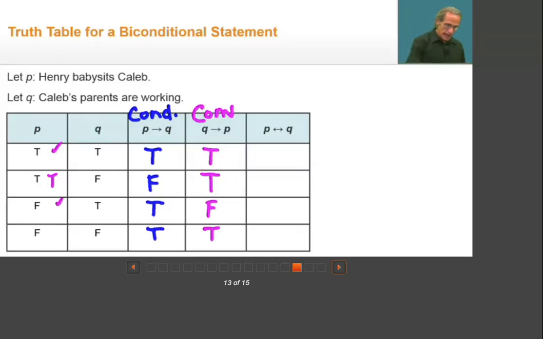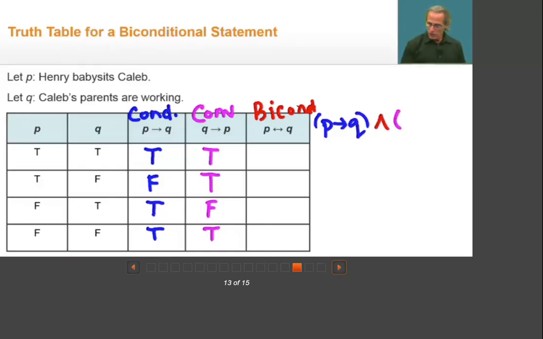All right, now it's time to turn our attention to the biconditional. When we take a look at the biconditional, we have to remember that a biconditional is nothing more than a conjunction between if P, then Q, and if Q, then P. So as we fill this out, as I look across the first row, if I have two trues here and here, I'm joining them with a conjunction, then the statement is true.